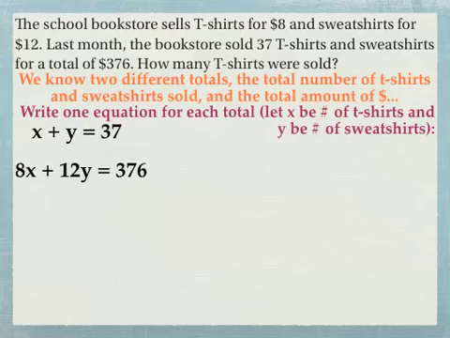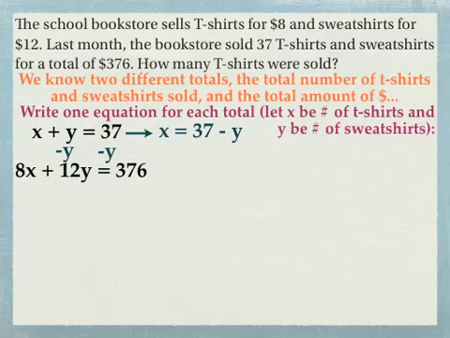Now, to use substitution, which is what we're talking about today, I need to have one variable isolated. This first equation, x plus y equals 37, is going to be very easy to solve for a variable. I'm going to solve for x. So I'm going to subtract y from both sides, which gives me x equals 37 minus y.